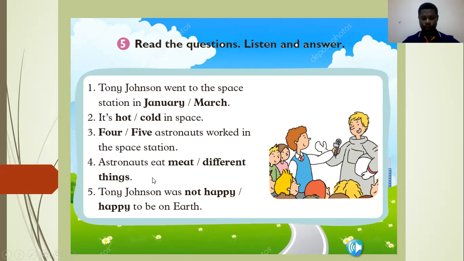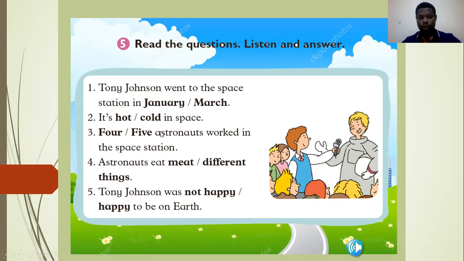How many hours did you work? 12 to 14 hours a day. We controlled the space station and we did experiments. What do astronauts eat? Lots of different food. Fruit, vegetables, meat, macaroni, and pizza. What time did you go to bed? About 8 in the evening, Earth time. We sleep about 8 hours. Are you happy to be back on Earth? Yes, but I was happy when I was in the space station too.